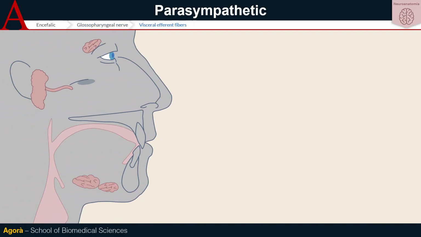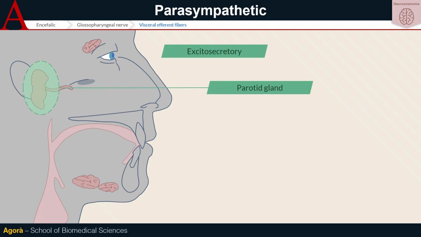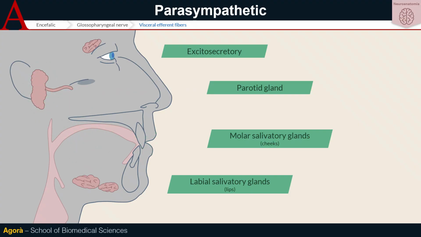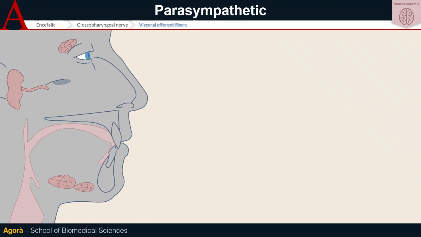The glossopharyngeal parasympathetic system includes a set of visceral efferent fibers and a set of visceral sensory fibers. The visceral efferent fibers enable the excitosecretory innervation of the parotid gland and of the molar and labial salivary glands, that is, those located in the mucous membrane of the cheeks and lips.